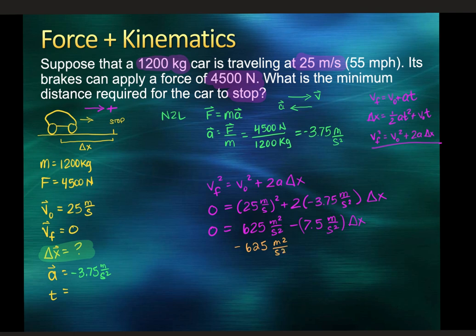I'm not going to have space to write this all out. I'm concerned about that. So I'm going to end up having negative 625 meters squared per second squared equals negative 7.5 meters per second squared times delta x. Last steps are to divide both sides by negative 7.5 meters per second squared.